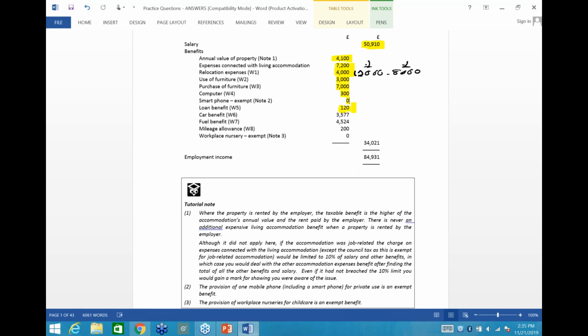In order to calculate the appropriate percentage, relevant guidelines are given in the tax table as well. So you need to use the tax table to find out the appropriate percentage here. That depends on the carbon dioxide emission of the vehicle. When you're calculating the car benefit, you have to look at whether it's a petrol driven car or a diesel driven car. Here, it's a petrol driven car.